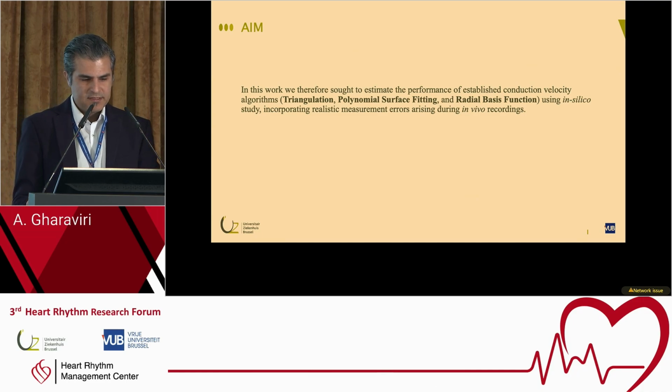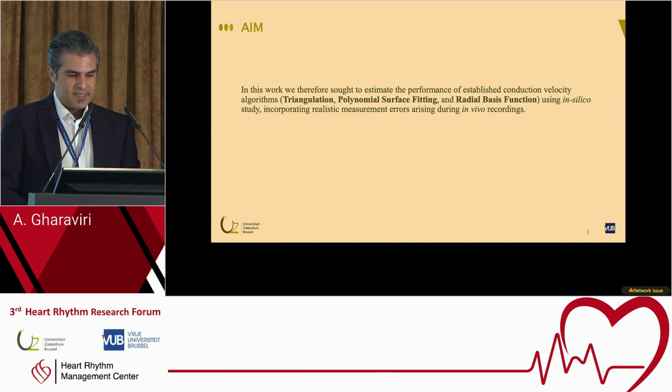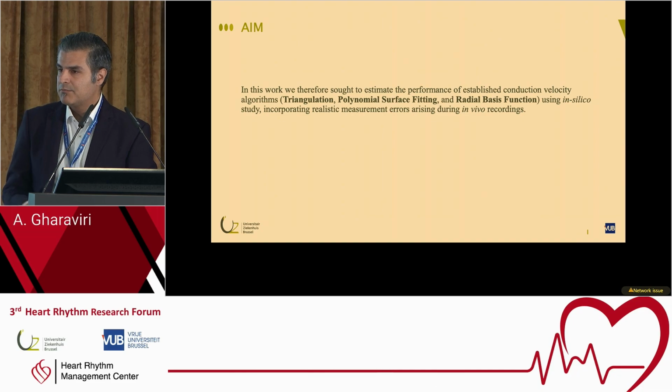So what's the aim of this study? The aim is to test different algorithms that exist for calculating conduction velocities, like triangulation, polynomial surface fitting, and radial basis function, and assess their performance in the presence of the different levels of uncertainties that you have from clinically recorded data.